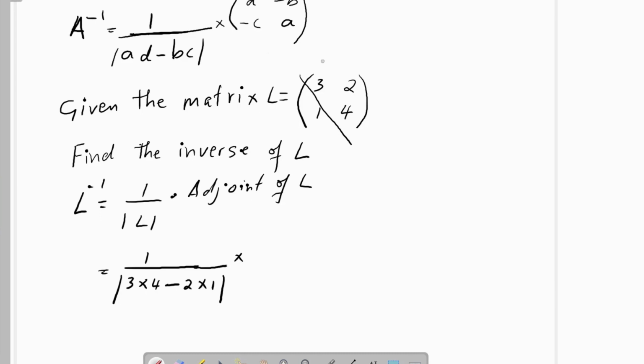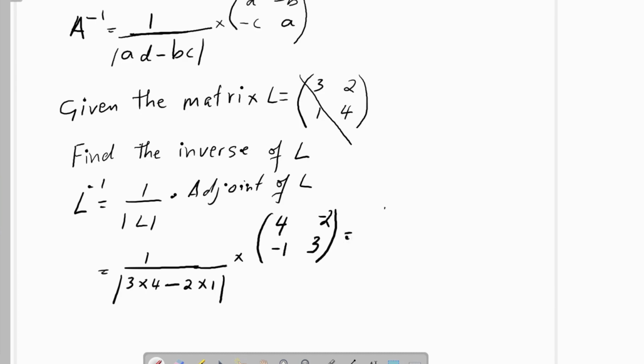To get the adjoint, we interchange the positions of the leading diagonal elements, 3 and 4, so 4 comes to the top and 3 goes to the bottom. For the non-leading diagonal we give the elements their opposite signs, so the positive 2 becomes negative 2, and the positive 1 becomes negative 1.